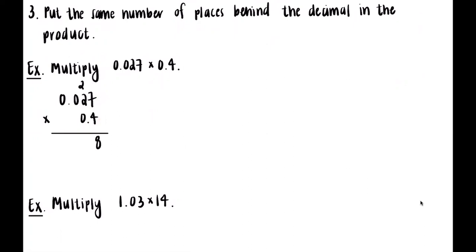Drop the 8, carry the 2. 4 times 2 gives us 8, but we still have the plus 2 up top, so we have 10. Carry the 1. And then 4 times 0 is 0, but we still have that 1, so we have 1. And then 0 times 4 lastly gives us 0.